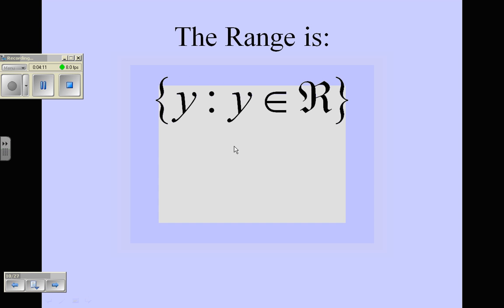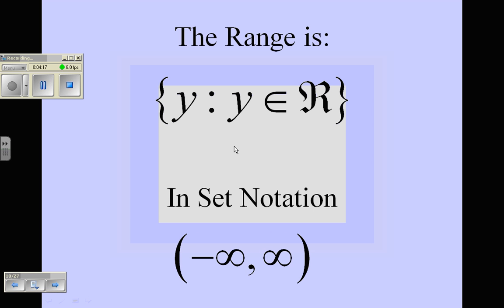Using this notation, instead of x it's y, so y is in the set of all real numbers. And in set notation, once again, we would say it goes from negative infinity up to infinity. It encompasses all possible numbers in that range.